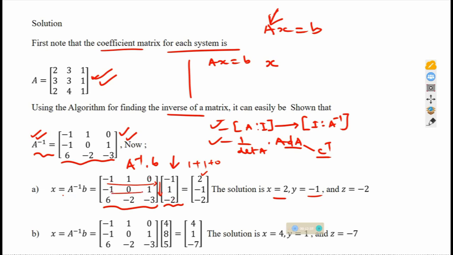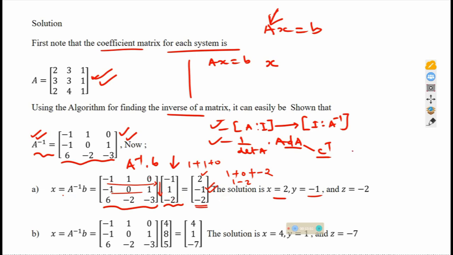Then next, multiply this row into this column. -1 times -1 is a 1, plus 0 times 1 is 0, plus 1 times -2 is -2. So you will have 1 minus 2, which will give you -1. Similarly, multiply this into this and be in position to get -2.